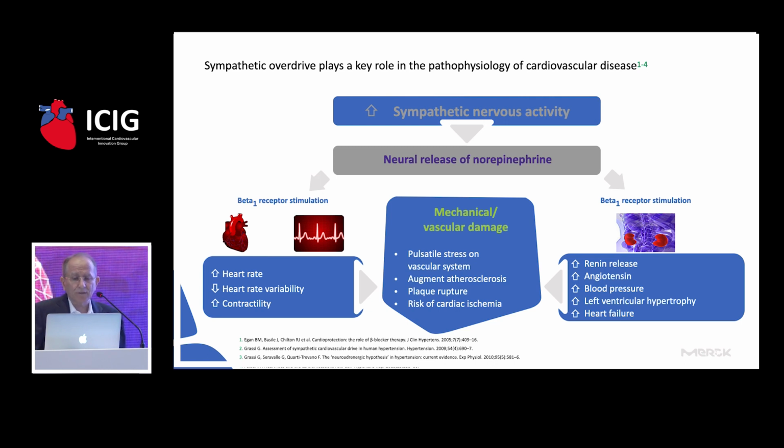There would be mechanical and vascular damage with pulsatile stress on the vascular system, augmentation of atherosclerosis, plaque rupture, and risk of cardiac ischemia. Also, with beta-1 receptor stimulation, there will be an increase in renin release, increasing angiotensin, increase in blood pressure, increase in left ventricular hypertrophy, and eventually heart failure.